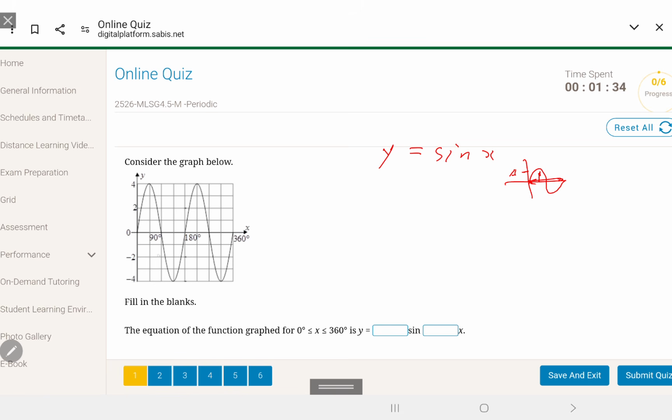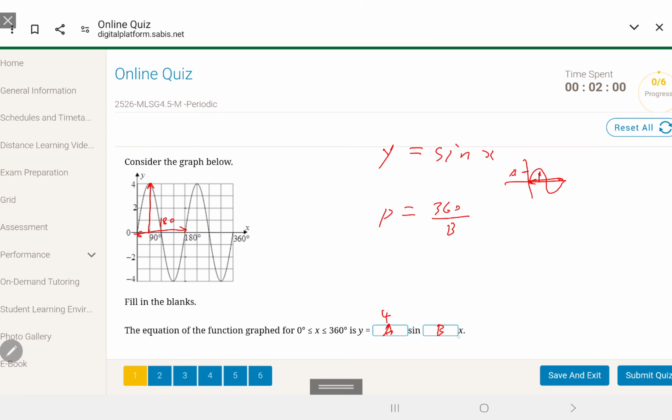Clearly, here you have the period is 180 degrees. You know that the period is equal to 360 divided by b. b is the number next to x, the coefficient of x, and here you have the amplitude. The amplitude is very clear from the diagram. Here is the amplitude, which is 4. So here you have 4.